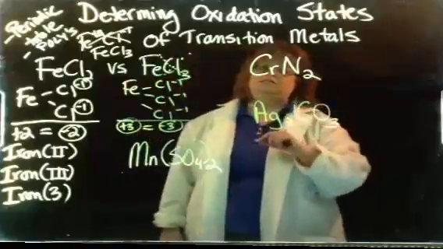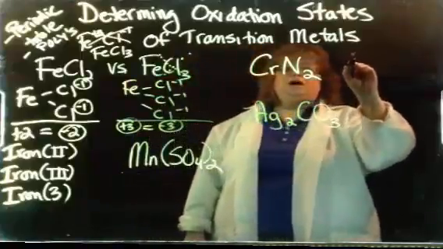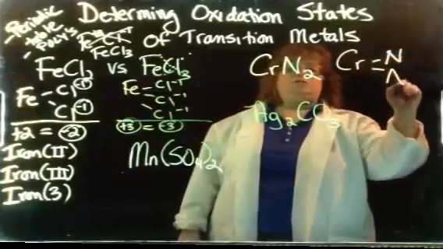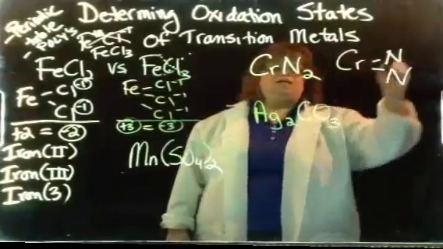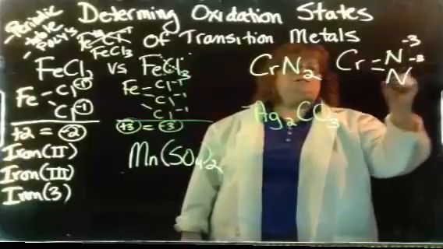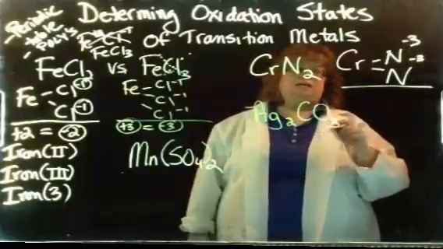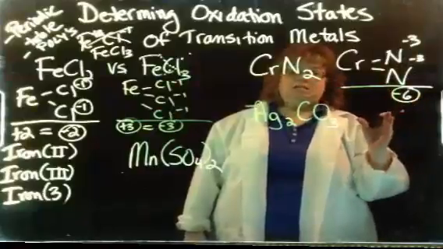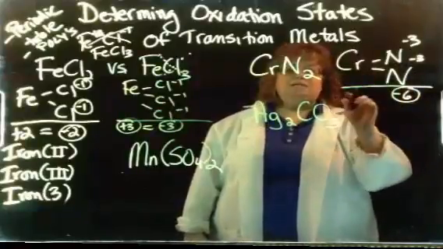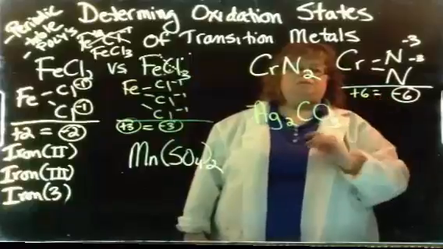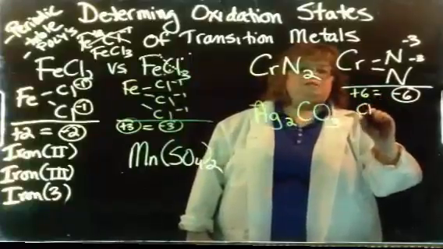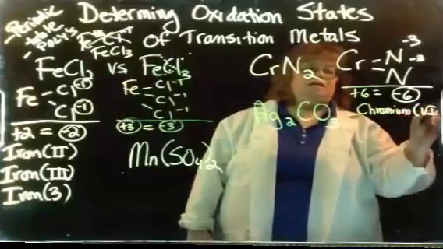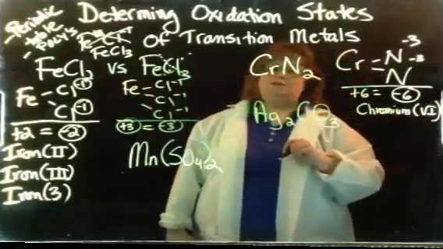Let's take a look at this example. If I do chromium and I attach it to 2 nitrogens, and each nitrogen has a -3 charge, using my periodic table, I have a total of a -6 charge in this compound. That means chromium has to be a +6. So when naming this, I would write chromium, and I'm saying that its charge was a 6, a VI.